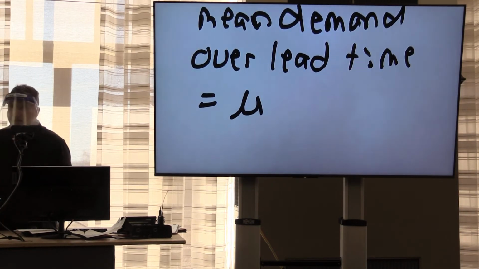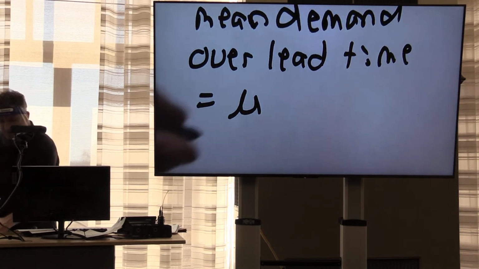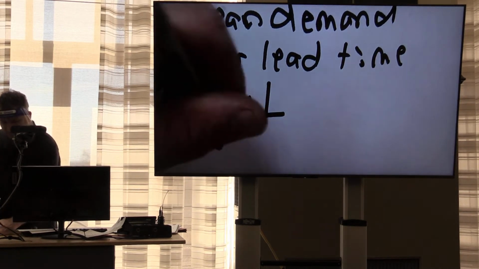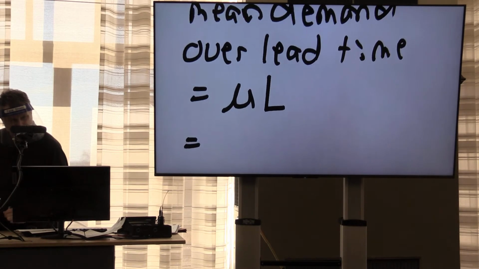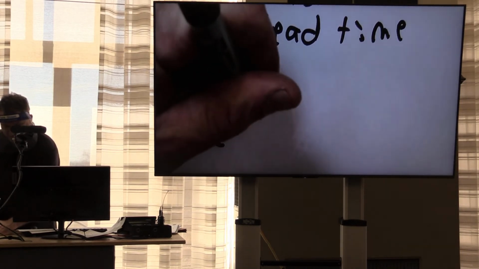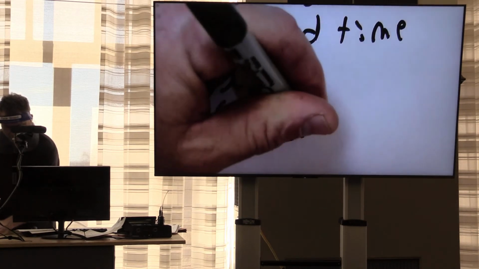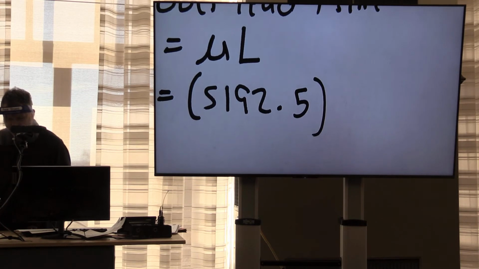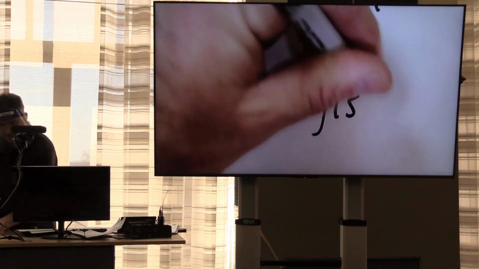You just take your average daily use and you multiply it by lead time, the number of days. And our average daily use was 5192.5, so that's the average amount we use every day. And then lead time is 5 days.